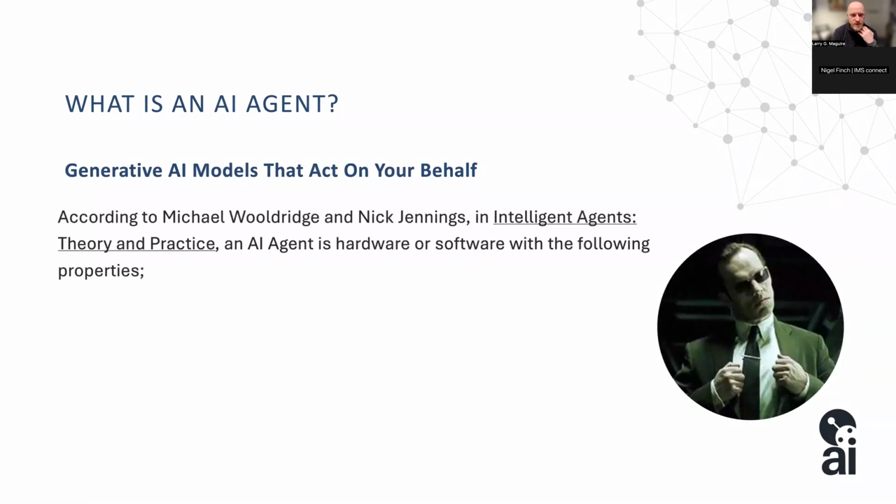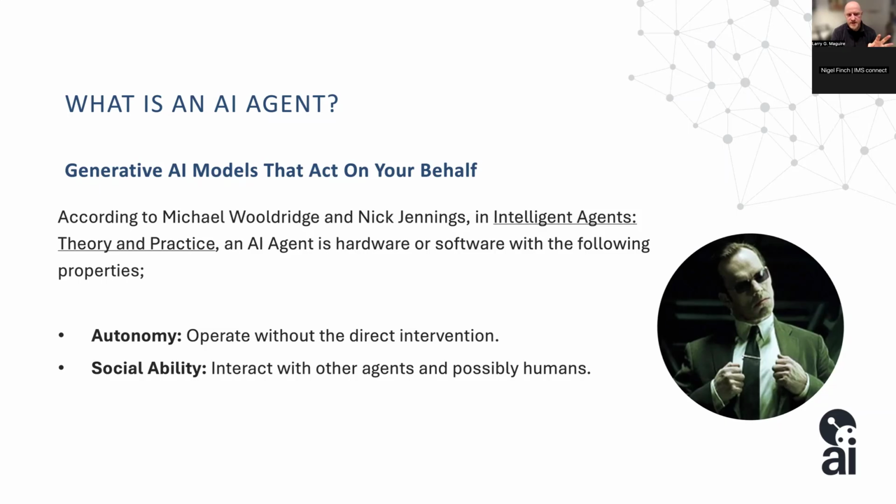So what is an agent? Well, Michael Woodridge and Nick Jennings, researchers in this area, suggest that an AI agent has a couple of elements to it in order for it to be an agent. One of those is autonomy. It has to operate without your direct intervention. So you don't need to intervene in its process. It has the ability to interact socially with other human beings or indeed other agents.